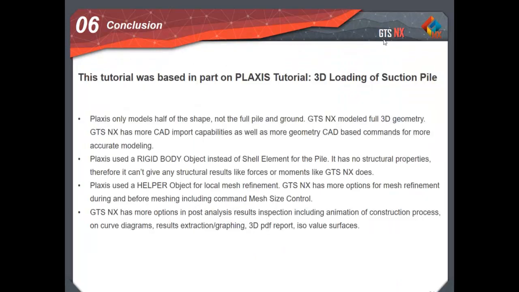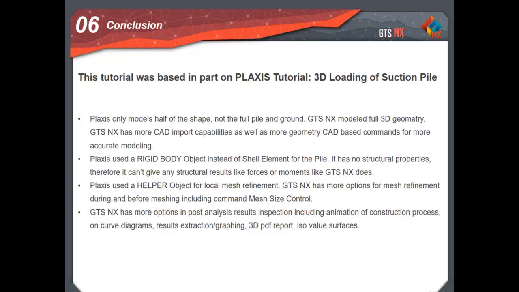analysis. So in conclusion, I just want to point out again, this was used as a way to compare and validate results between the two programs. The main difference is that in this Plaxis tutorial called 3D Loading of Section Pile, they only model half the shape. We modeled the full one, and this is actually a very simple geometry that we were generating.